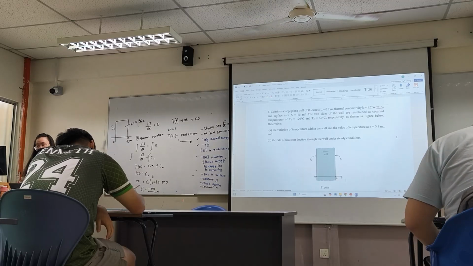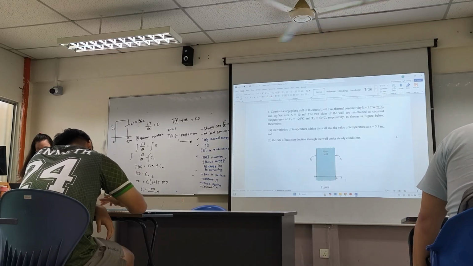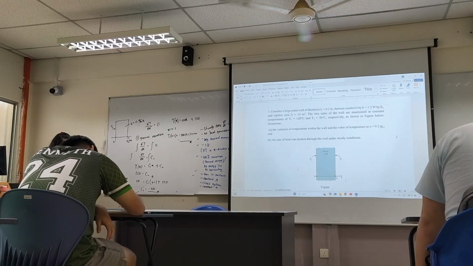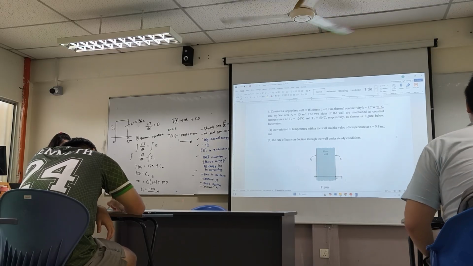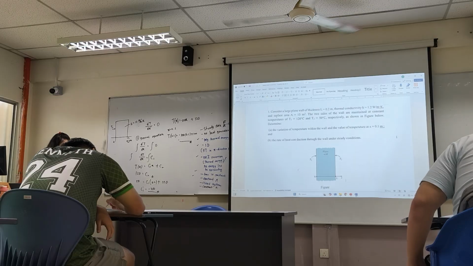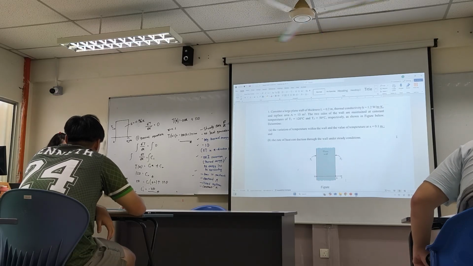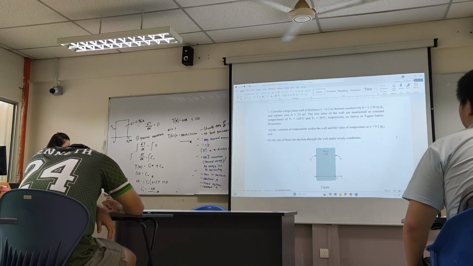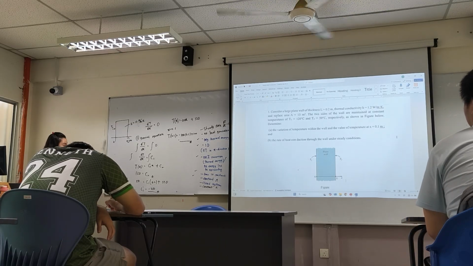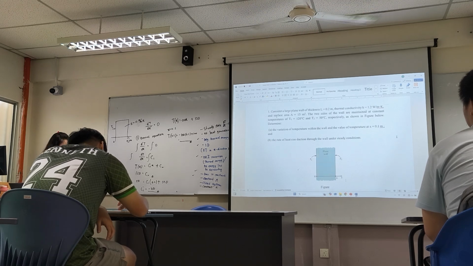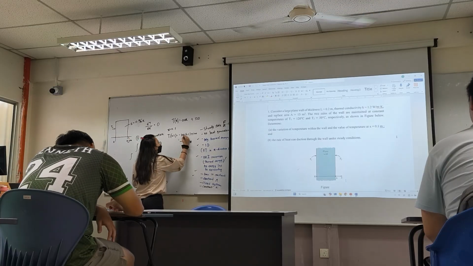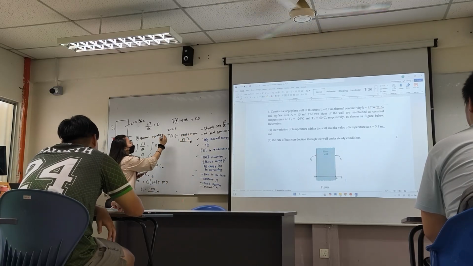So you get 85. C is a constant, so when you differentiate, it does not carry through. Get 85 degrees Celsius for part A.